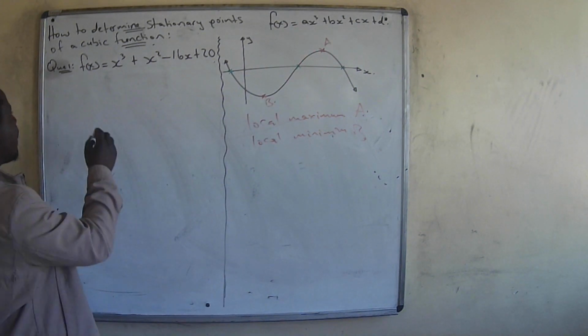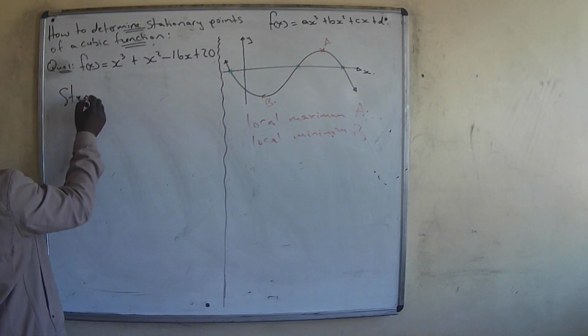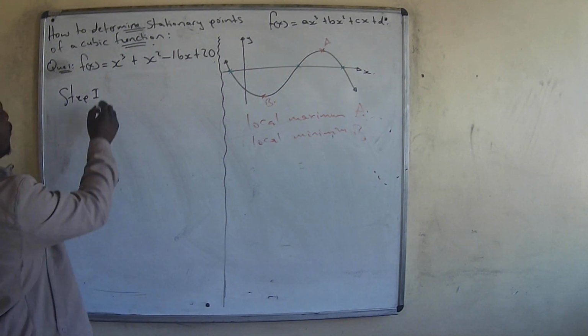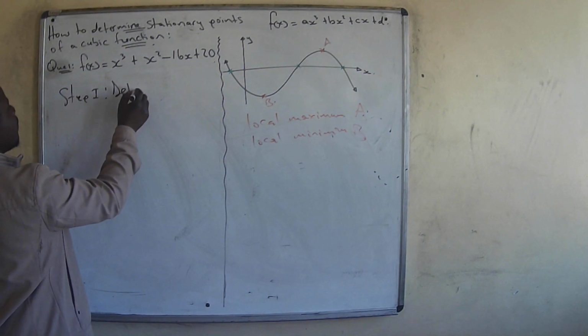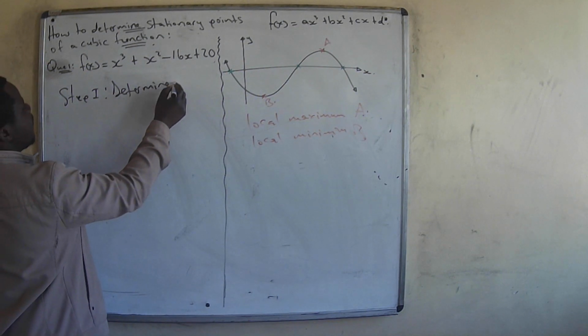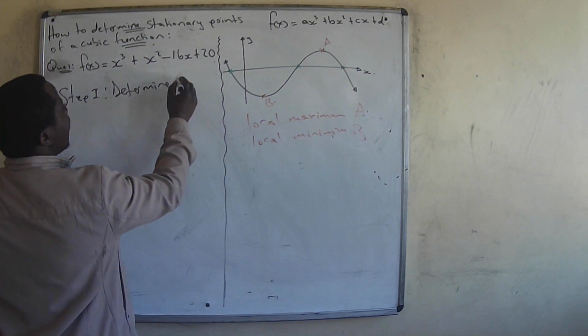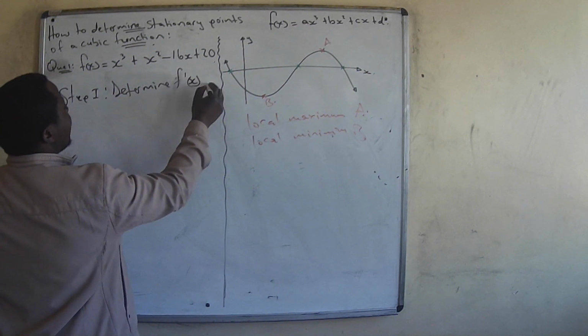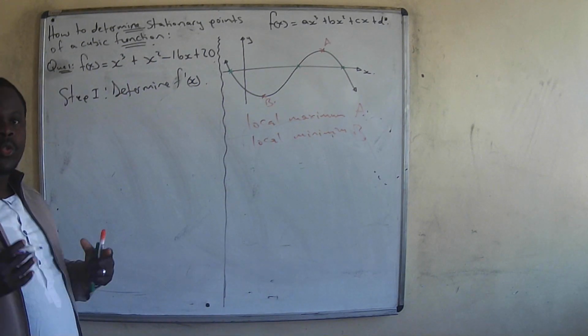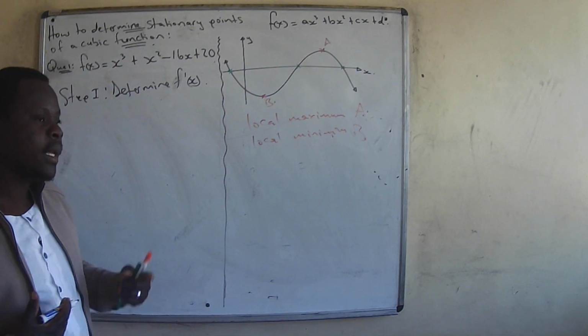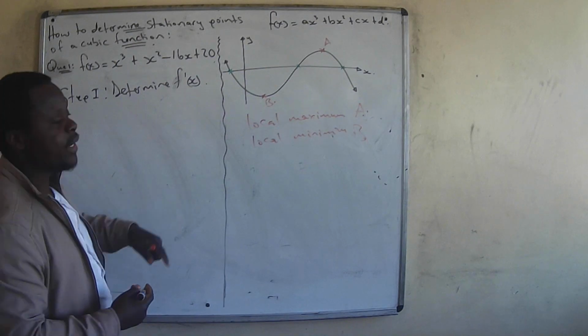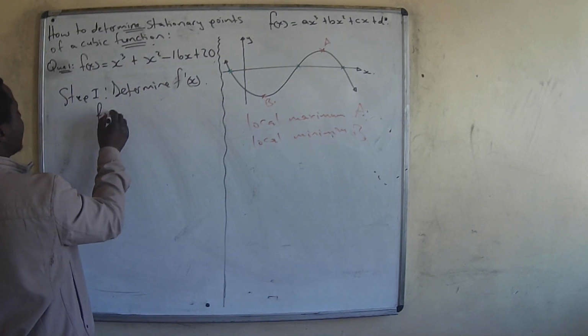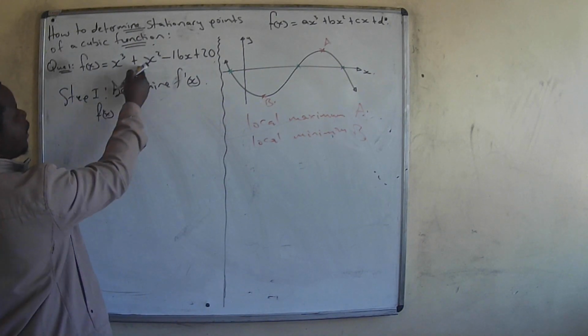So step 1: you need to be able to determine the derivative of f of x. Let's find the derivative of f of x for the equation that we are given.